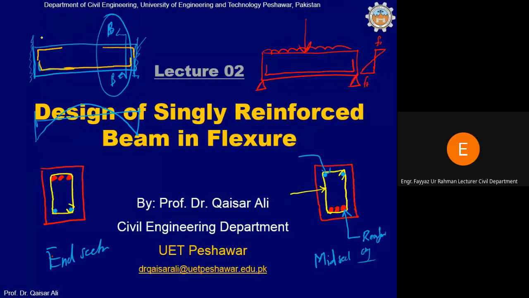Up to how much extent should we provide this top reinforcement? This will be provided up to the contraflexure point, beyond which the negative bending moment will change into the positive bending moment. Clear?